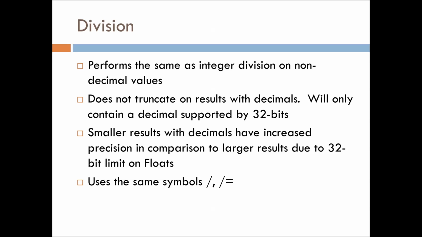And it will only contain a decimal supported by 32 digits. So if you have a really large number, the decimal will be smaller. If you have a smaller number for the result, the decimal probably will be larger, depending on what the remainder is. And it uses the same symbols as integer division, so no worries there.